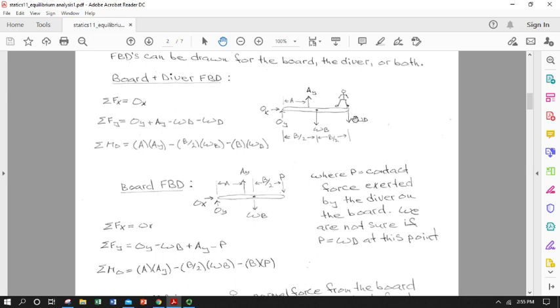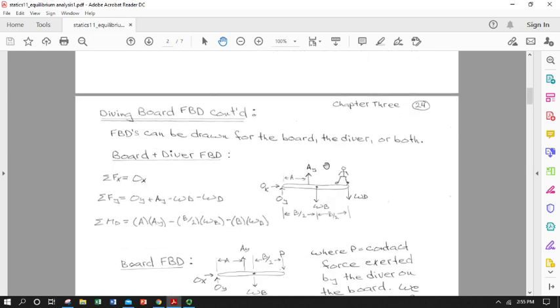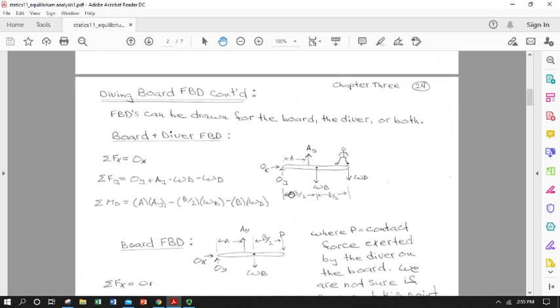We said the diver is standing way at the end. We've got the board weight in the proper position at the center of mass. A was the distance of the fulcrum, so we have all the forces and all the moments. There were no moments, as it turns out, and they're all in the right place. Great. So with this, we can basically write our equations of equilibrium.